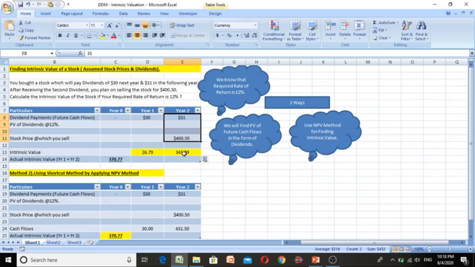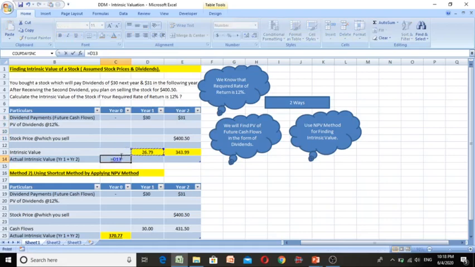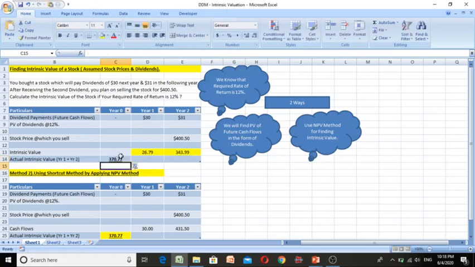Alright, and since the question is asking you to find the intrinsic value, I press delete over here, we write equals to, we'll add these two present values together, plus, yeah, so here we get the answer as $370.77. Alright, so this was the first particular method where we understood how to find the intrinsic value by using time value of money concepts.